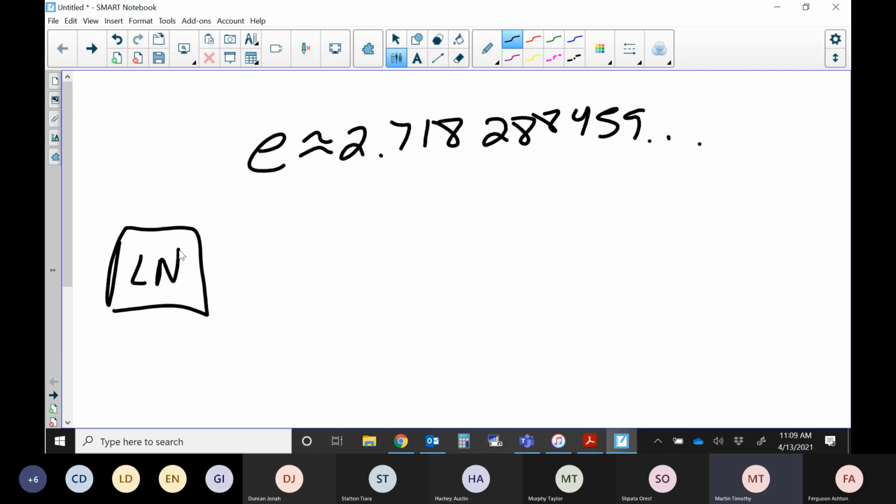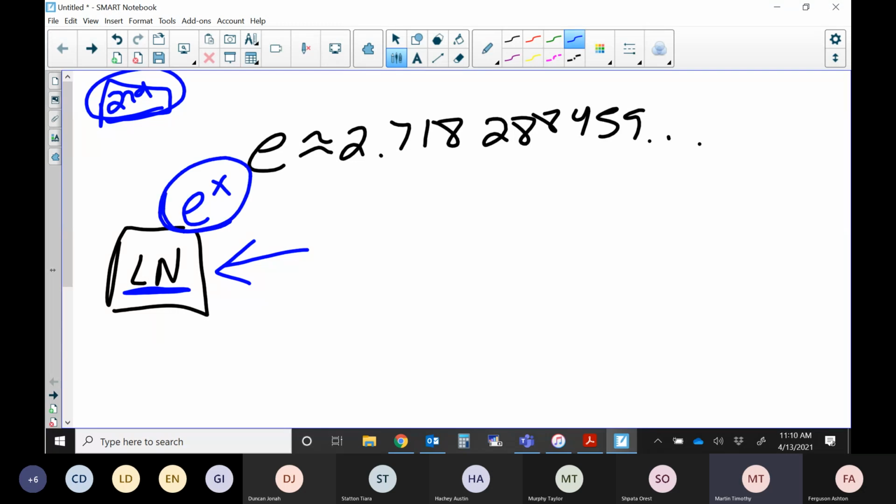There's an ln button, and normally right above it there's an e to the x. On my calculators in class, that e to the x is in blue, because there's a blue second button. That means this button has two functions. If you hit it without hitting the second button, it does the ln. If you hit the second button and then this one, it does the e to the x.